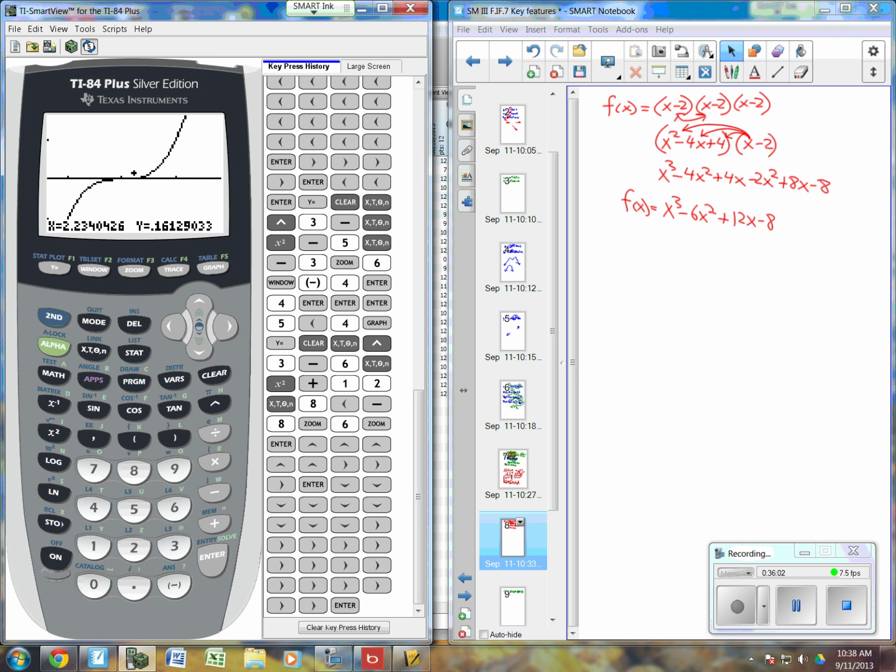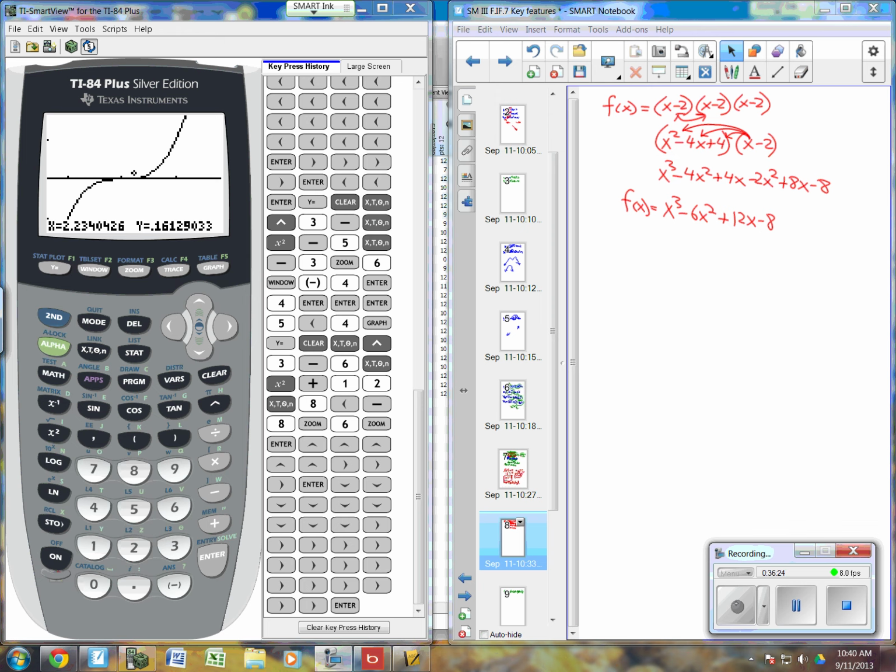If it's an odd degree, then it looks like the multiplicity, if it crosses, could be more than that. We would have to have it in factored form to tell. You're not going to be able to tell the multiplicity on all these until we do some other stuff later in class this year, okay?